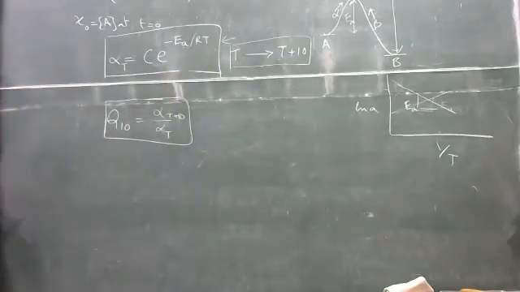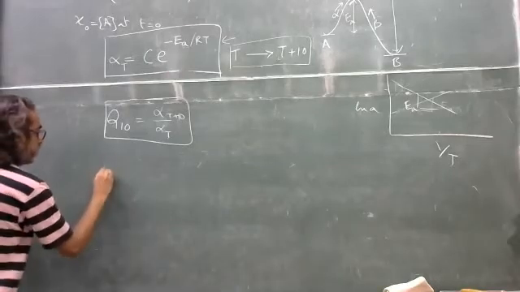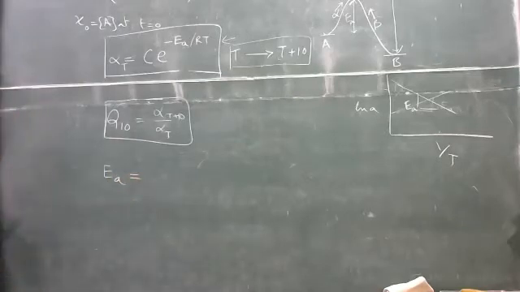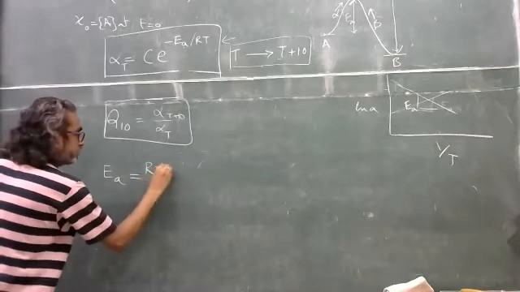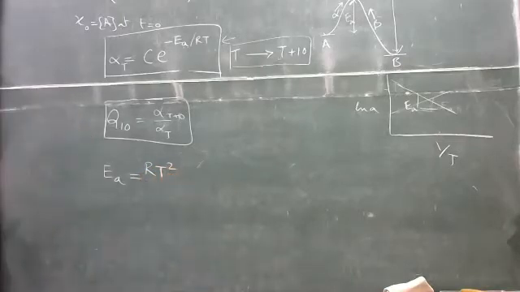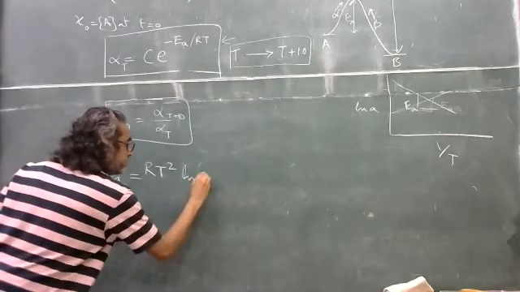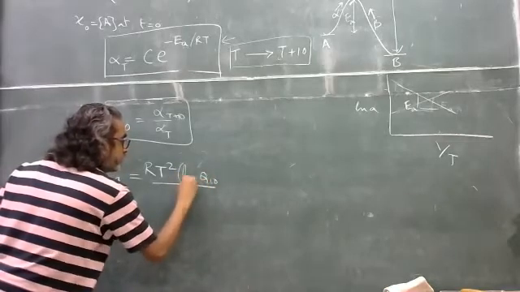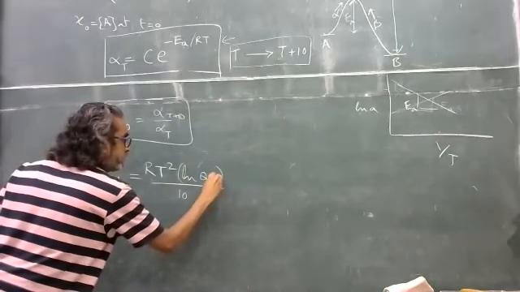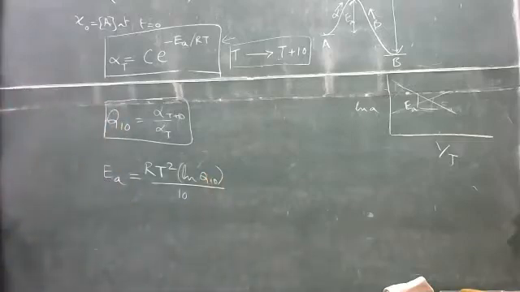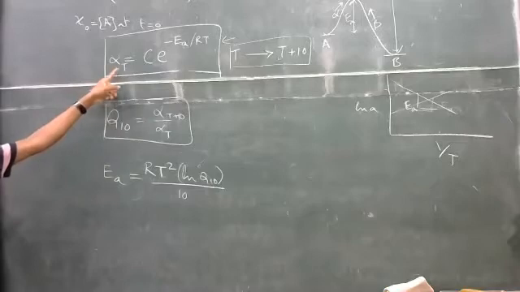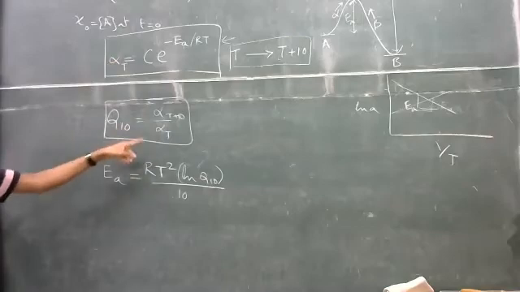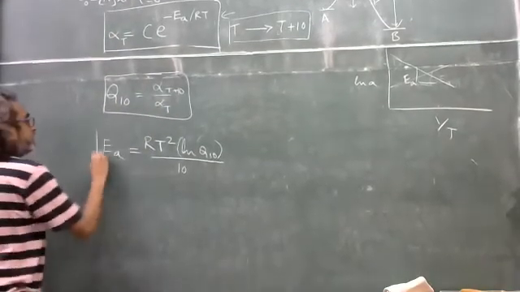If you do that, what you get is this: EA equals RT square ln Q10 by 10. This is a simple few-step derivation: you write alpha at T and alpha at T plus 10, divide these two equations to get Q10, and then you get this.